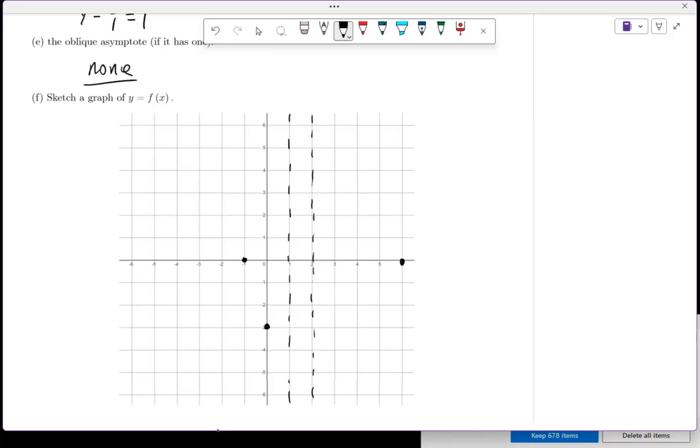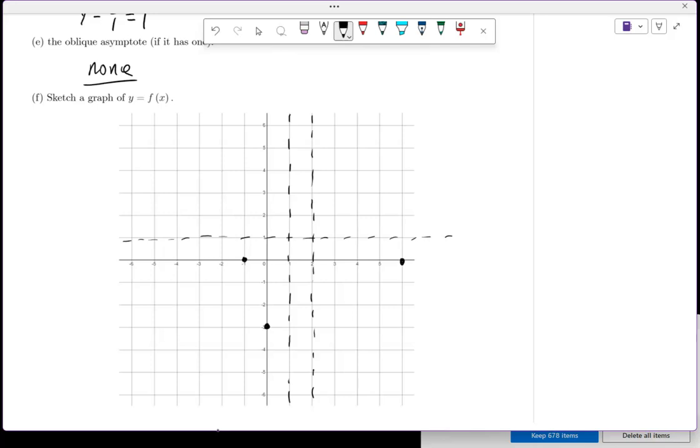And then we have a horizontal asymptote of y equals 0. To start with, all I did here was plot my x-intercepts, plot my y-intercept, and put my asymptotes in.